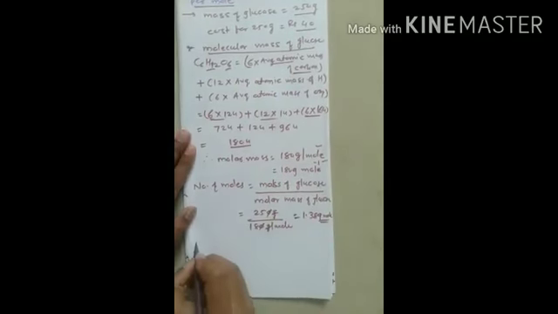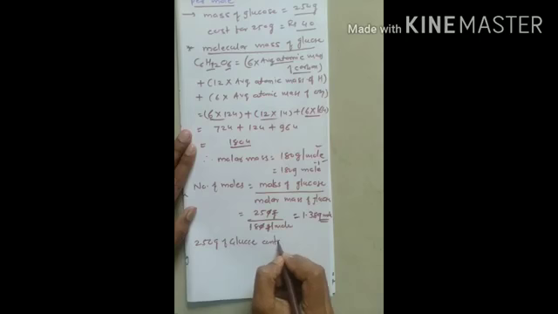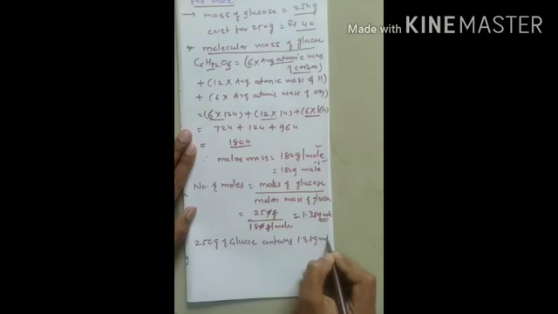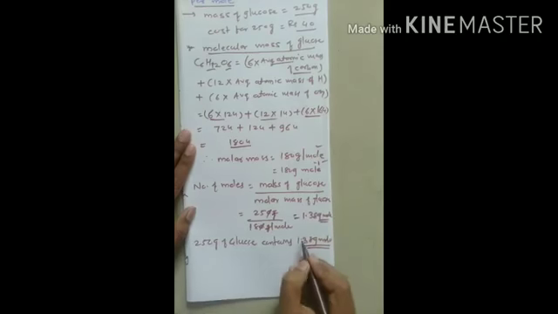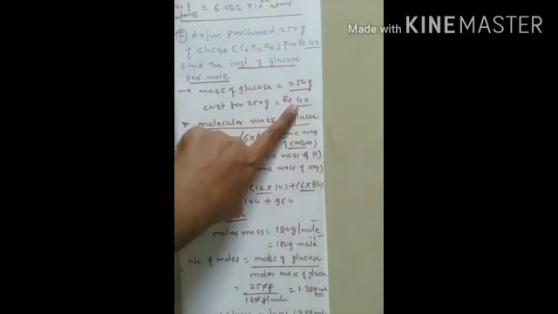So 250 gram of glucose contains 1.389 moles, and the cost of 250 gram of glucose is rupees 40.